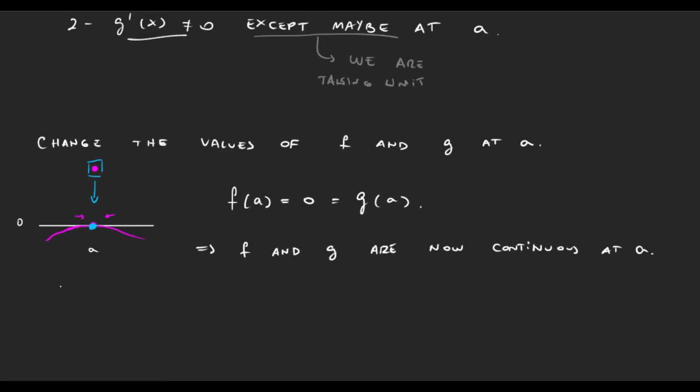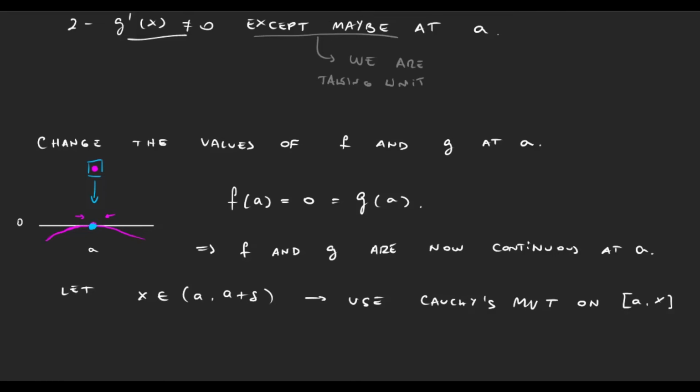So we take some number x in the interval a, a plus delta, and we will use Cauchy's mean value theorem on the interval a, x.